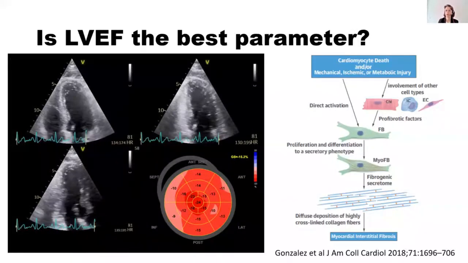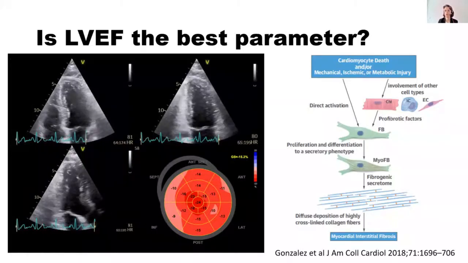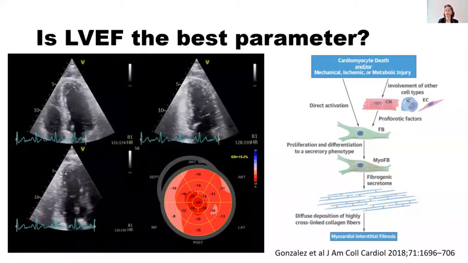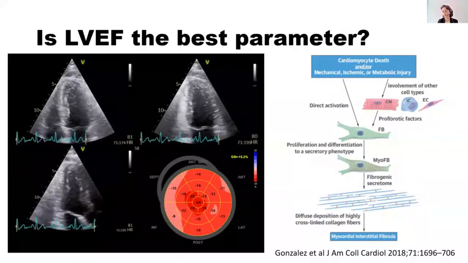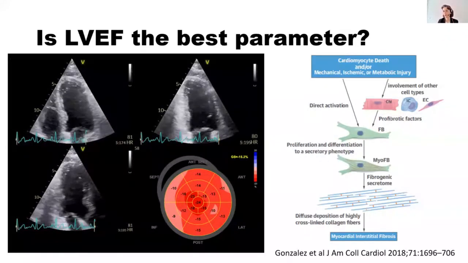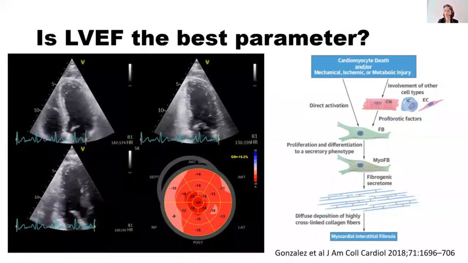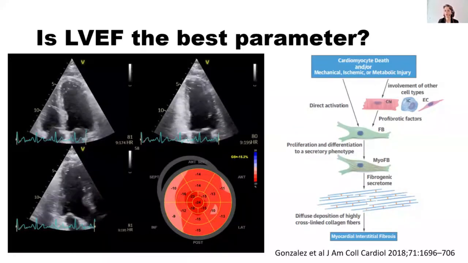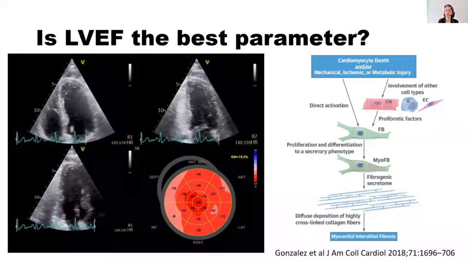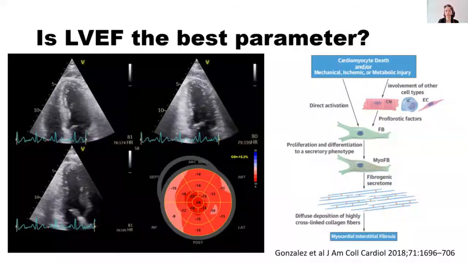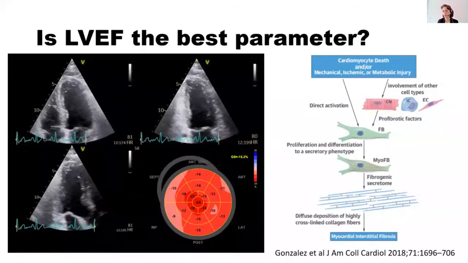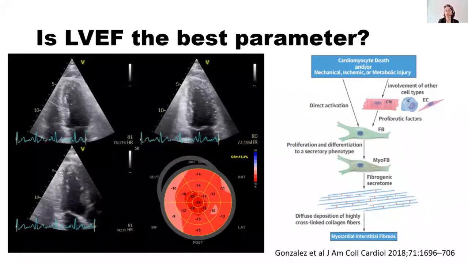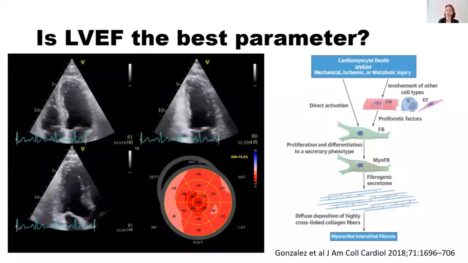When we have cardiomyocyte death, or a mechanical, ischemic, or metabolic injury, we have first myocyte death, and this apoptosis will be replaced by profibrotic factors and by fibroblasts. And this mechanical, ischemic, and metabolic injury can also impact directly on these fibroblasts, which become activated.